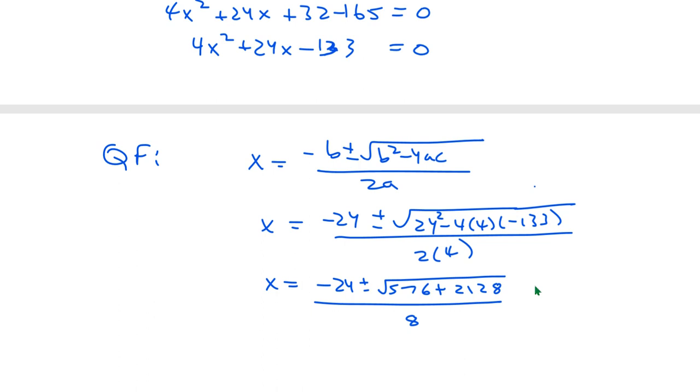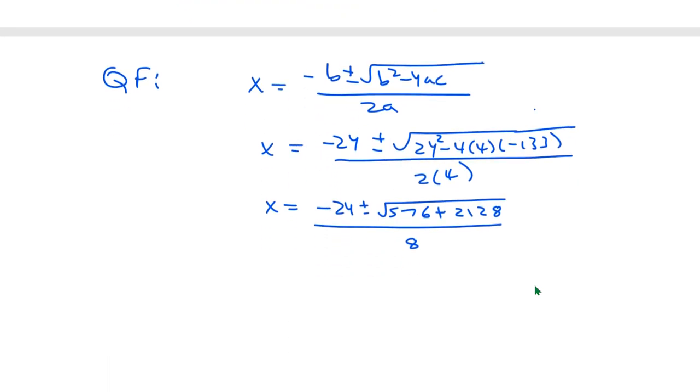We use the quadratic formula when we either cannot factor or it's just too difficult. But if it's an easy thing to factor, please solve by factoring. And this is 2704 over 8. Now let's check with the calculator.